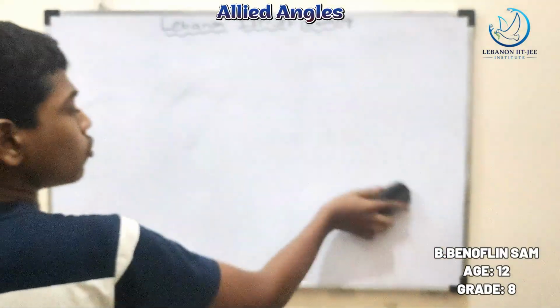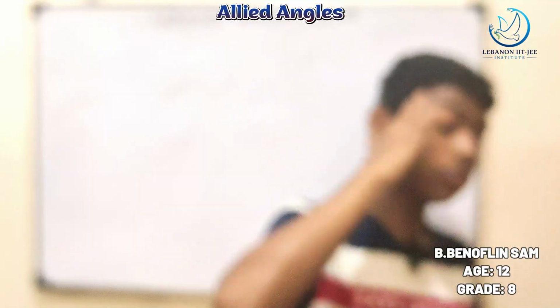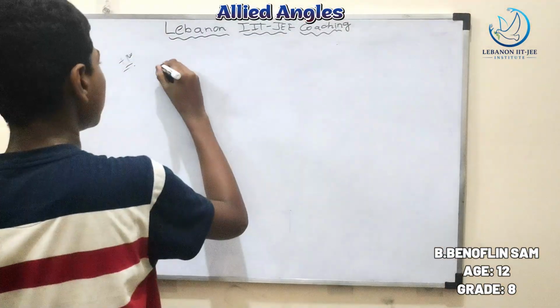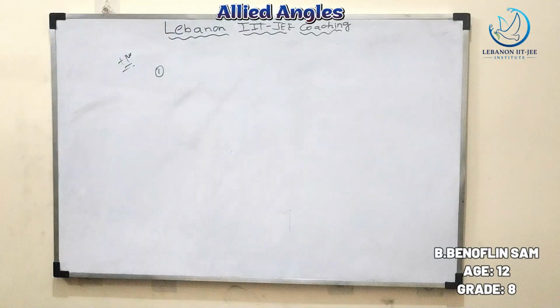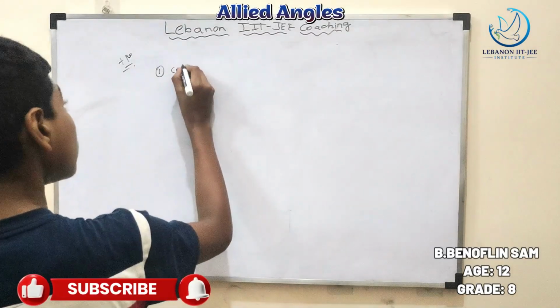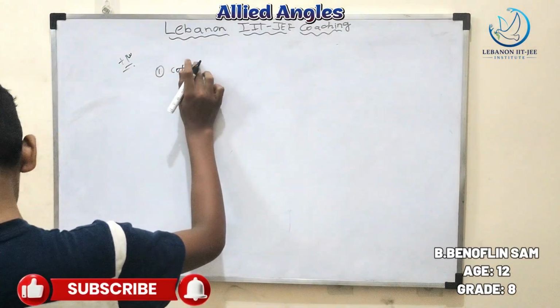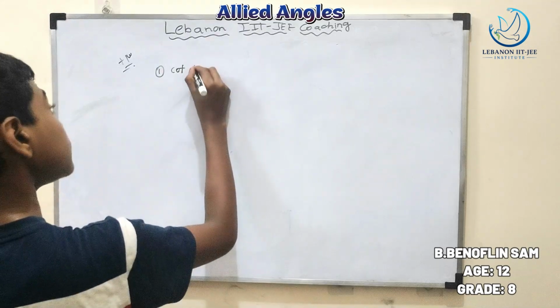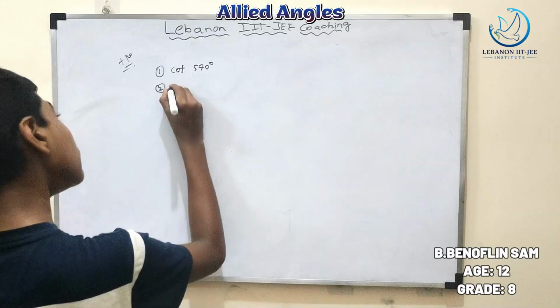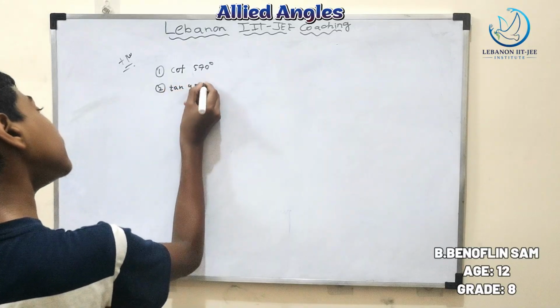I'm going to give homework questions. You have to complete them and send them to me. Homework. Number 1 is cos 570 degree. Number 2, tan 480 degree.